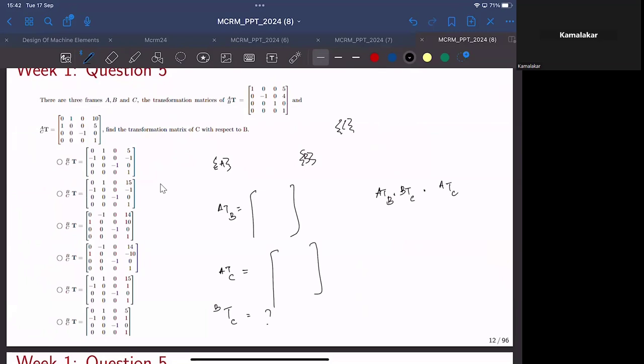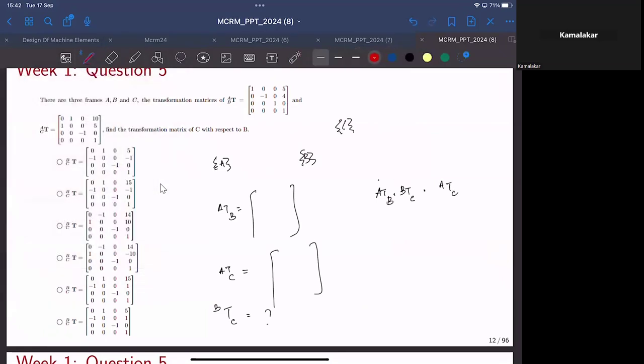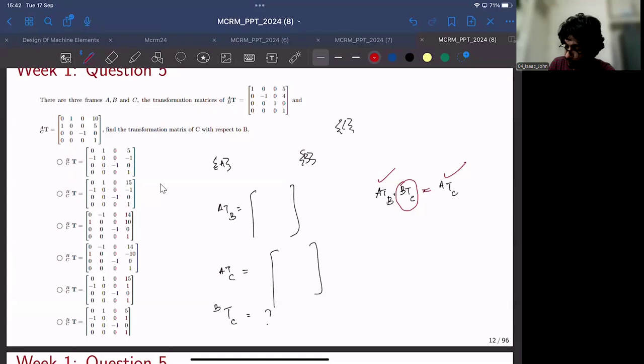with respect to A. And since in this question, either of these are actually given, ATB is given, ATC is given. And to find out BTC, what will you do? You will have to take the inverse of this and pre-multiply it with ATC.